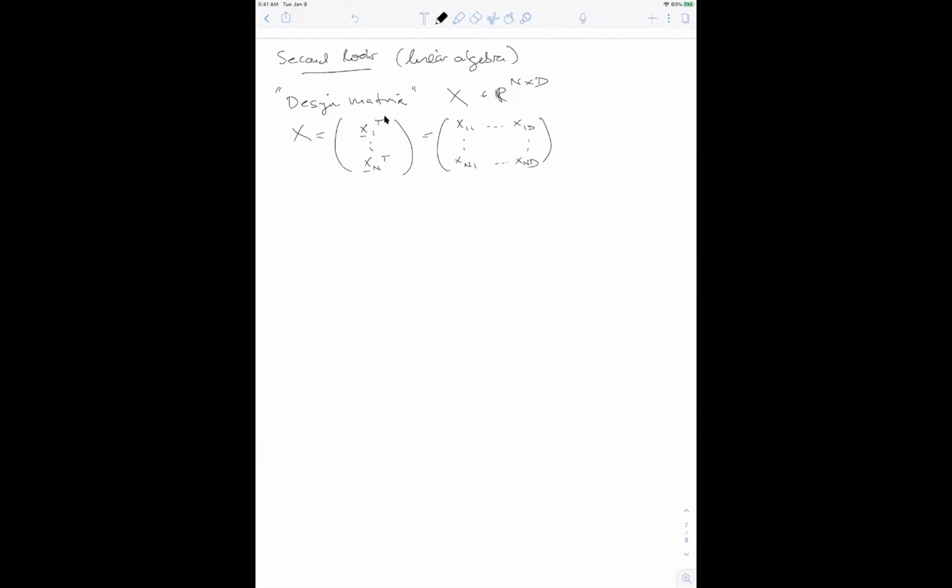So that's my design matrix. It's just all my training data. If you're used to thinking about data frames, if you do applied machine learning, each row is an example, just like the way we normally would think about data frames. And then I also write Y to stack together all of my target values in my training data.